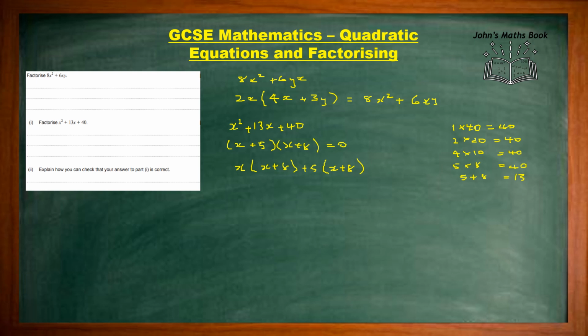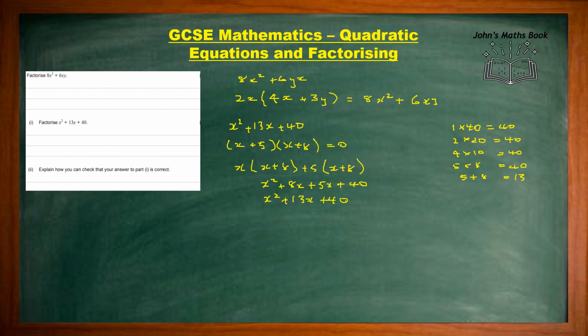So x times x is x squared, plus 8x. 5 times x is 5x, and plus 5 times 8 is 40. So that gives x squared plus 8x plus 5x is 13x, plus 40.